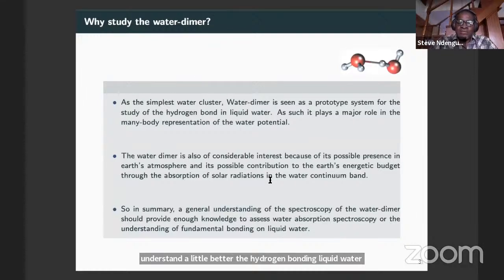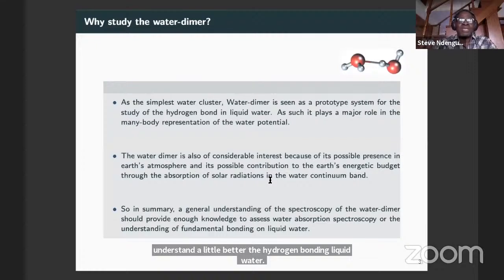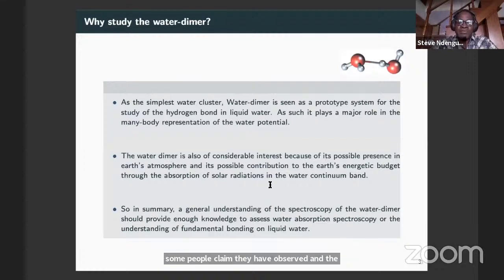Another reason is that some people claim they have observed the water dimer in the atmosphere, and for that reason, people believe that it also plays a role in the Earth's energy budget through absorption of solar radiation. Many people are still investigating whether or not the water dimer plays a role there.